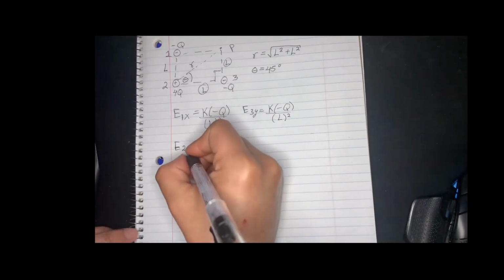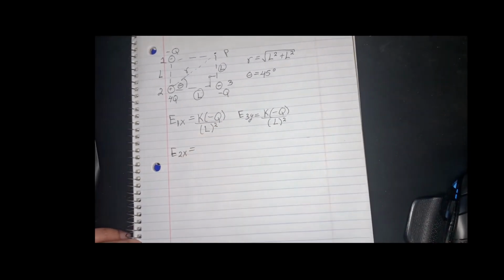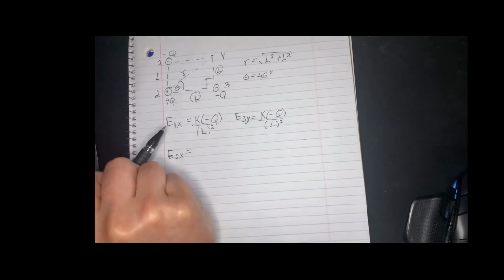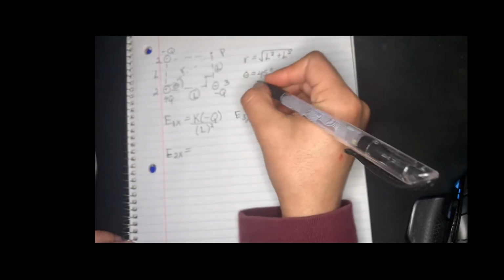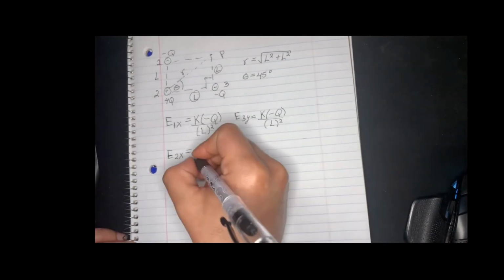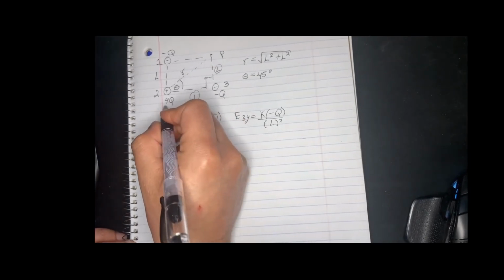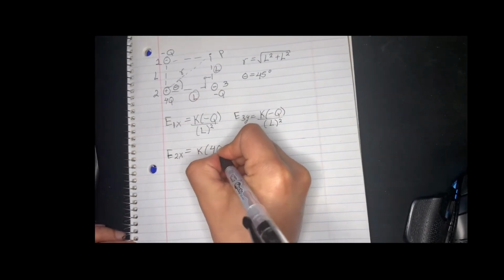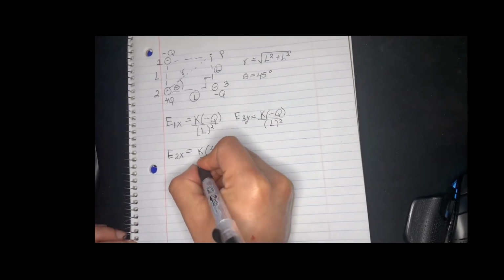So component 2 is gonna be an X component, and this X component is gonna be looking to the right, gonna follow the cosine. So we're gonna write this as K, charge, it's gonna be 4K, divided by the distance.